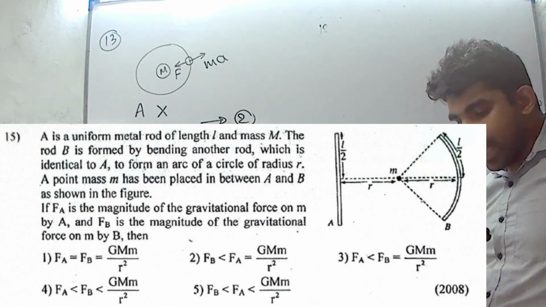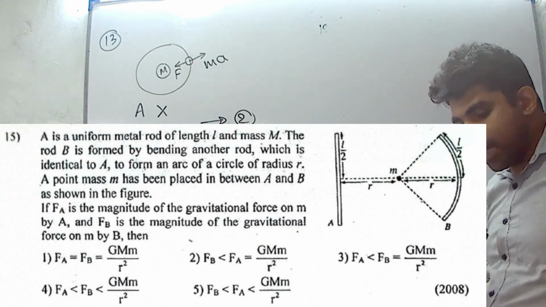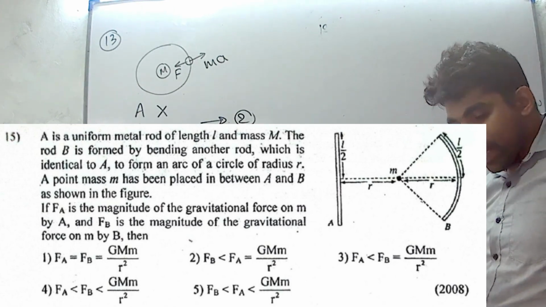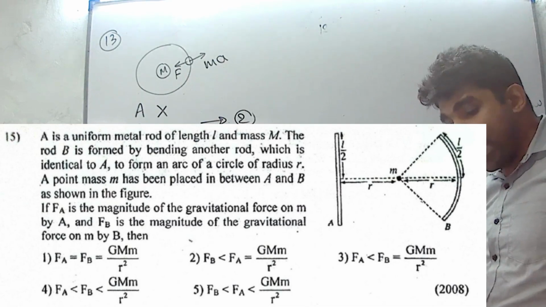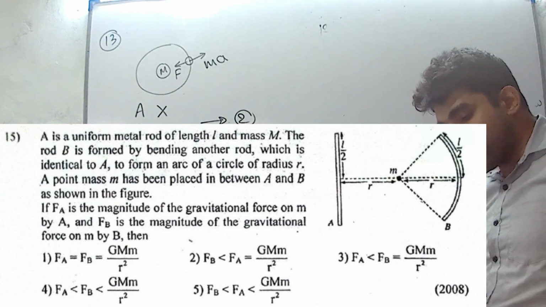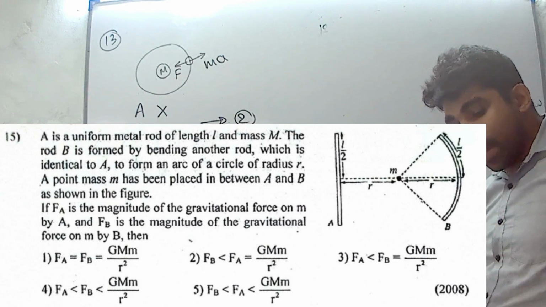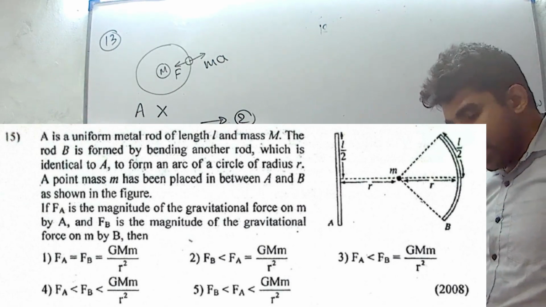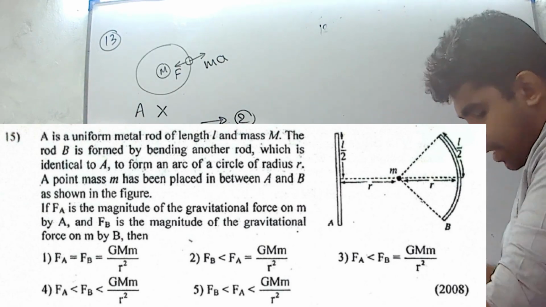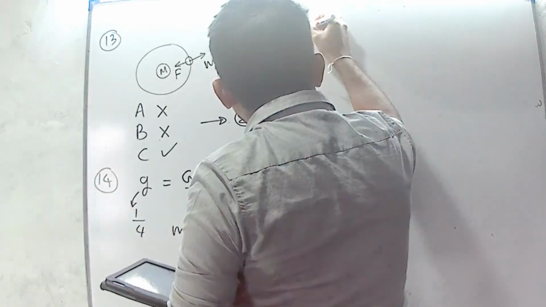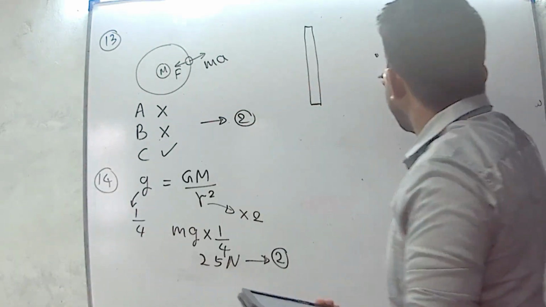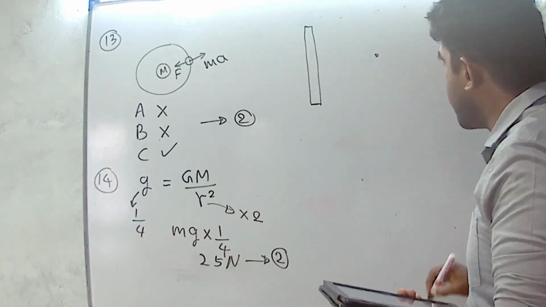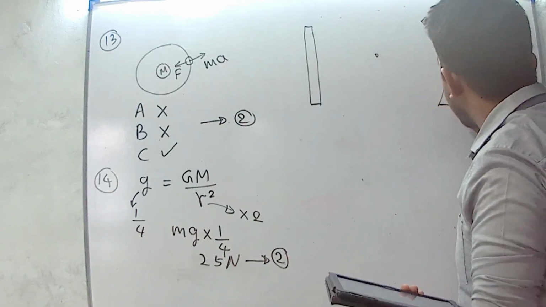A point mass m has been placed as shown in the figure. If Fa is the magnitude of the gravitational force on m by A, and Fb is the magnitude of the gravitational force on m by B, then we have to consider the relationship. We know that when considering these two situations, there are two identical rods on both sides.